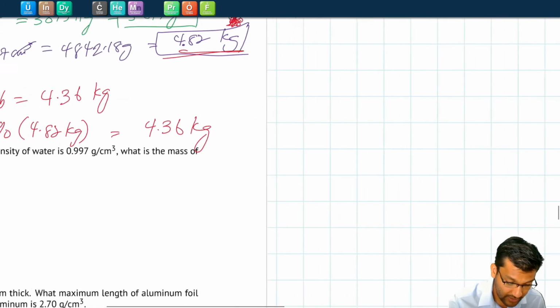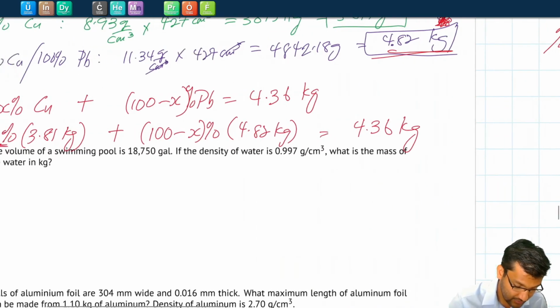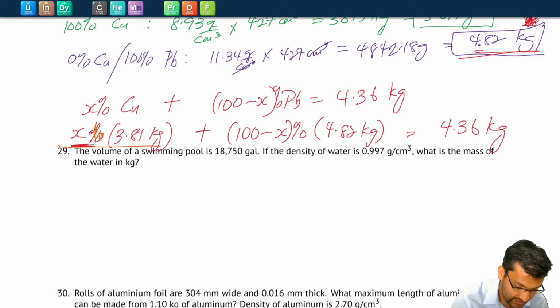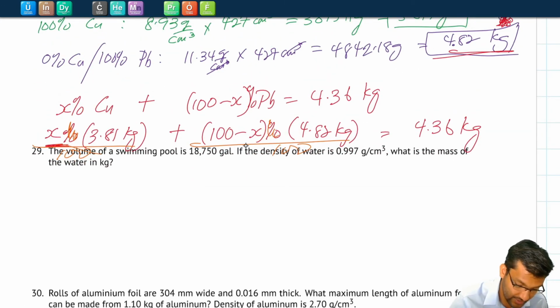All right, so from here on out, it's just algebra. You may know that percent just means divide by 100. So let's use that to our advantage. Instead of percent, let's divide everything here by 100. But we don't like 100 everywhere, so let's multiply both sides by 100 so we can get rid of the 100 in the denominator.